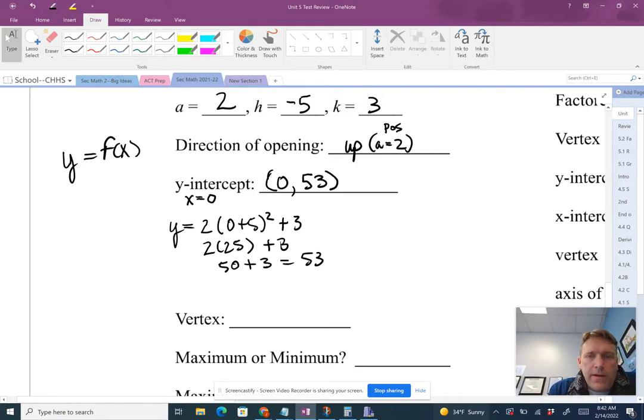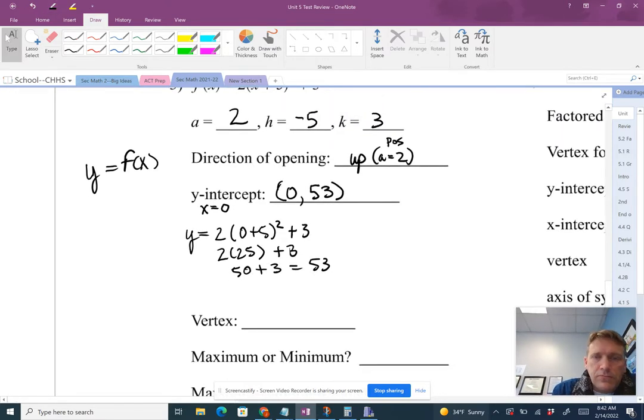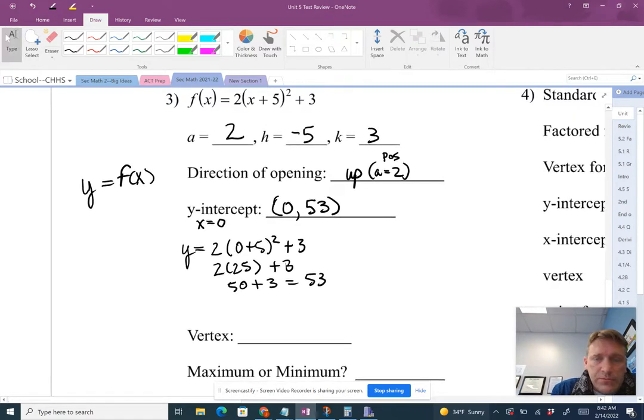All right, the vertex. This is vertex form, and so we can just take the h and the k. The vertex is h comma k when you have it in vertex form. So the h is negative 5 and the k is 3.